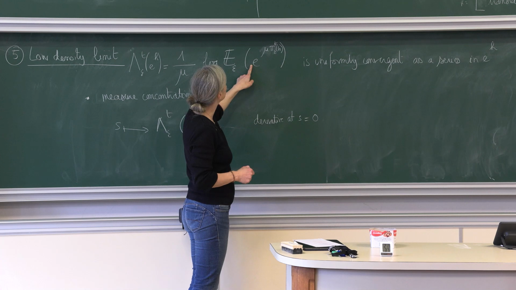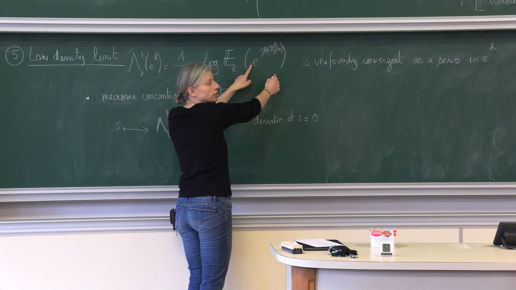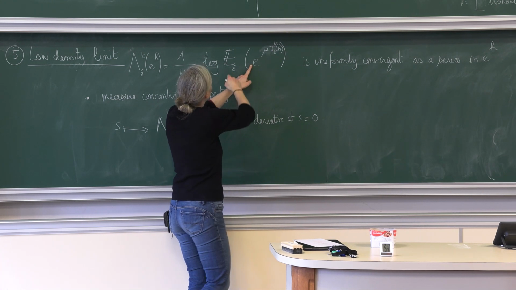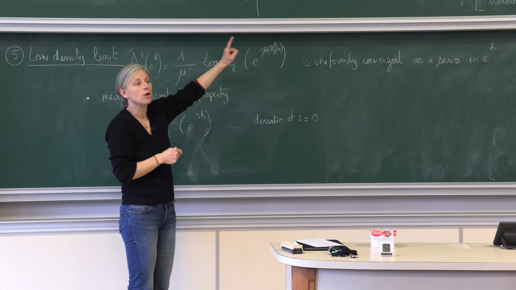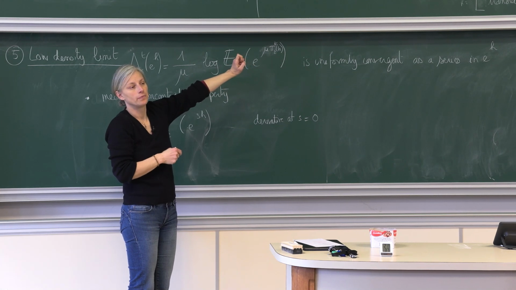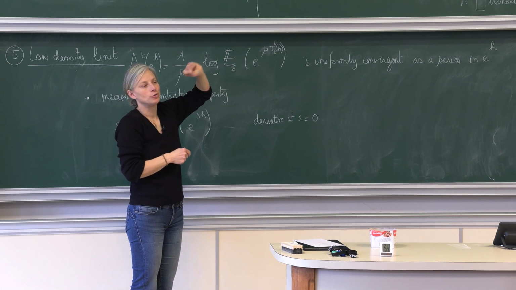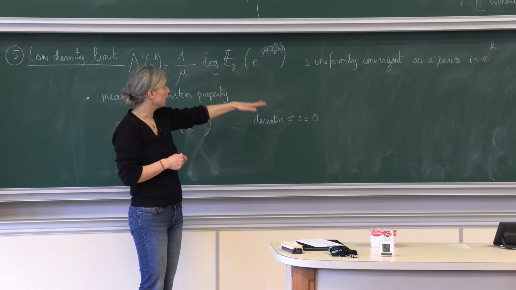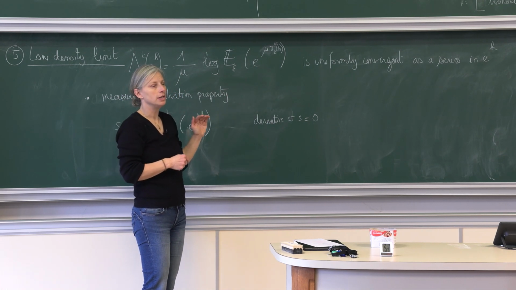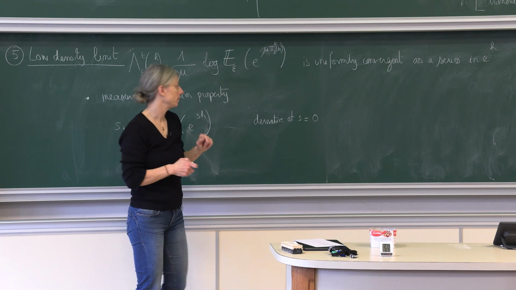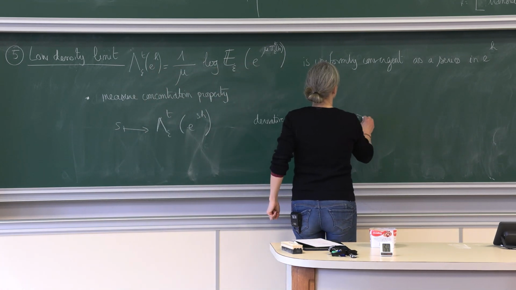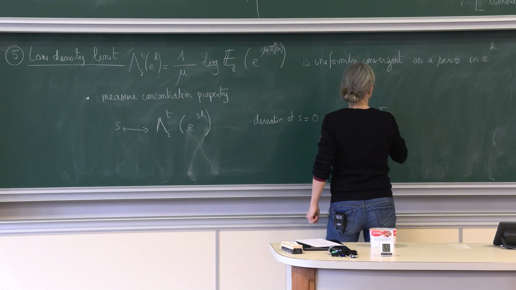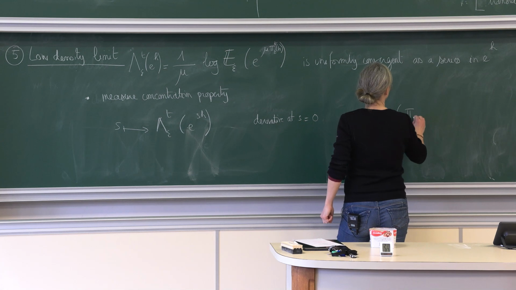Okay, and then you take s equals 0, so this guy is just 1. And so in the end, what you get is just the expectation of the empirical measure. Okay, so when you differentiate this guy and then take the derivative at 0, then you get the expectation. Okay, so this gives you the expectation of pi epsilon t.